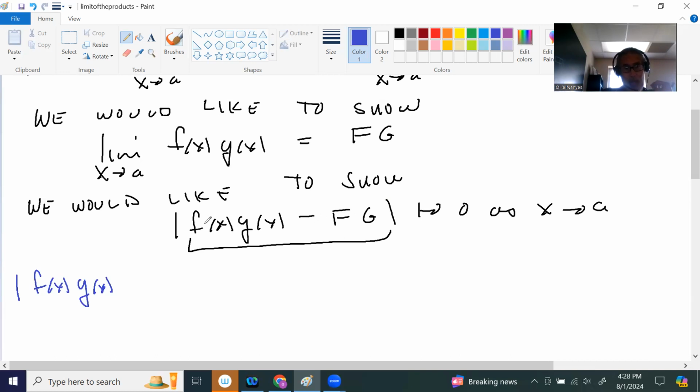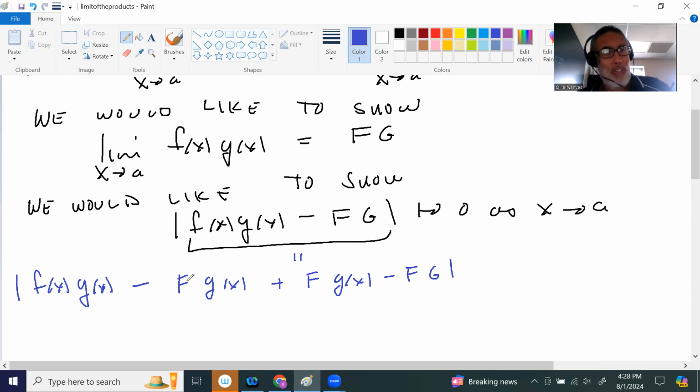And notice little f is getting close to big F, and little g is getting close to big G. So you think about that, and you think, well, maybe I could subtract big F times little g of x. And since I'm subtracting this, I have to add the same thing. So it's clear that what's inside the absolute value signs here is equal to that because these are the same thing.